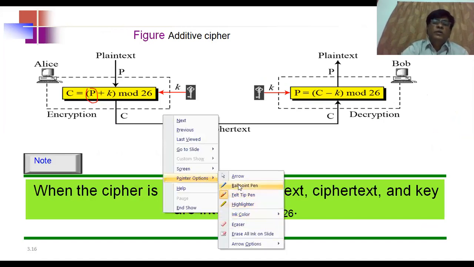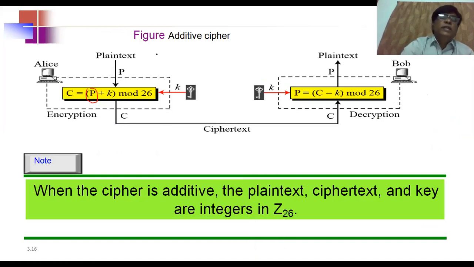So the encryption function adds some key value to each and every character to get the ciphertext. At the decryption side, to get the plain text, the key value should be subtracted from each character in the ciphertext.